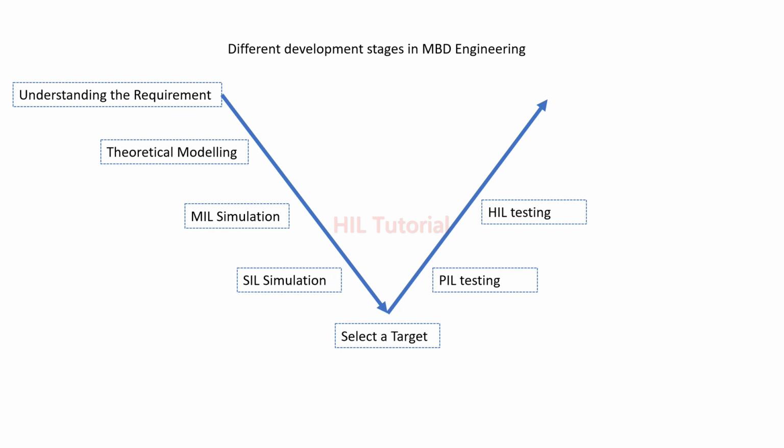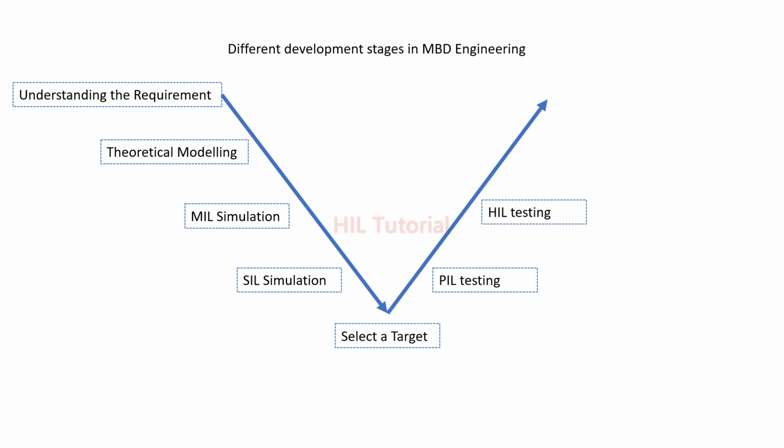Even in this stage you can insert many test cases, and you will ensure different levels of robustness of your system against different types of faults. So this is hardware in the loop testing.